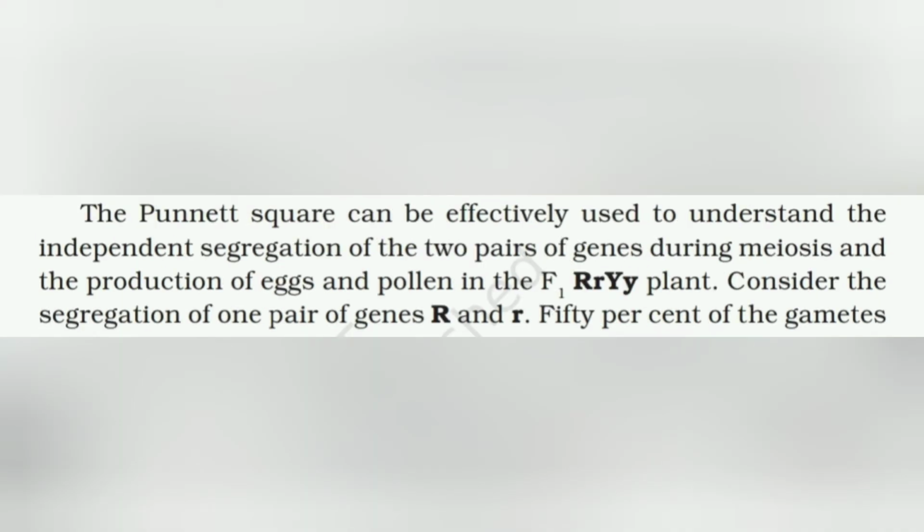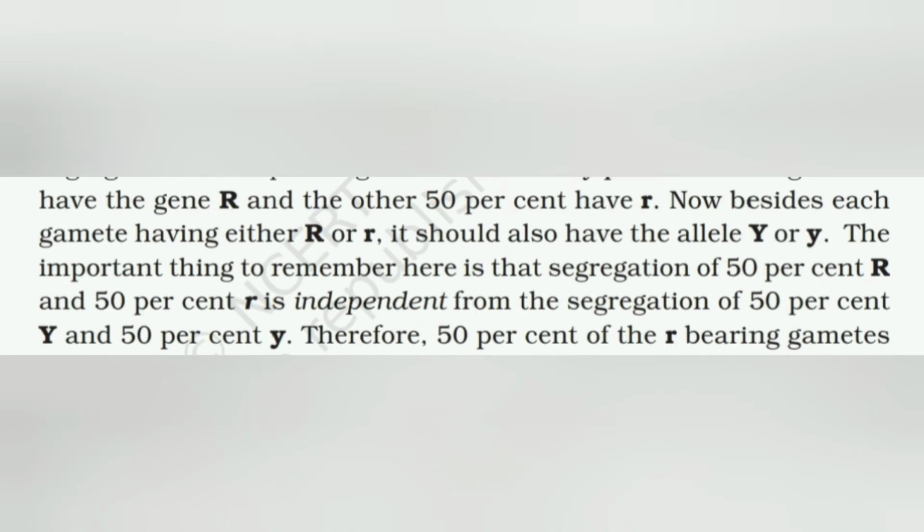The Punnett square can be effectively used to understand the independent segregation of the two pairs of genes during meiosis and the production of eggs and pollen in the F1, that is RrYy plant. Consider the segregation of one pair of genes, capital R and small r. 50% of the gametes have the gene capital R and the other 50% have small r.